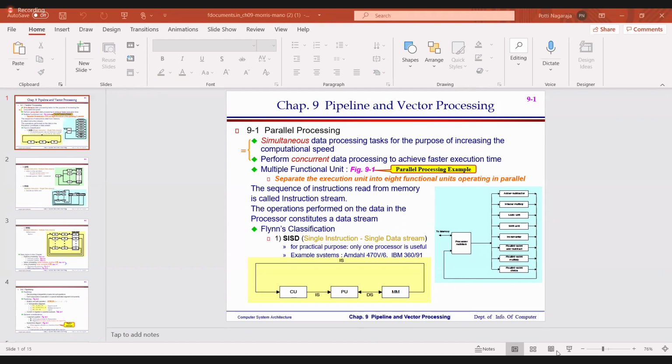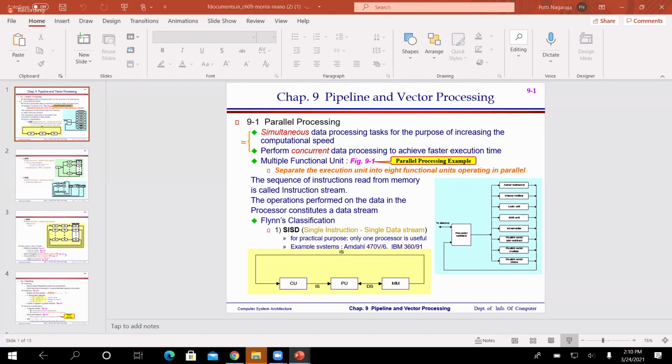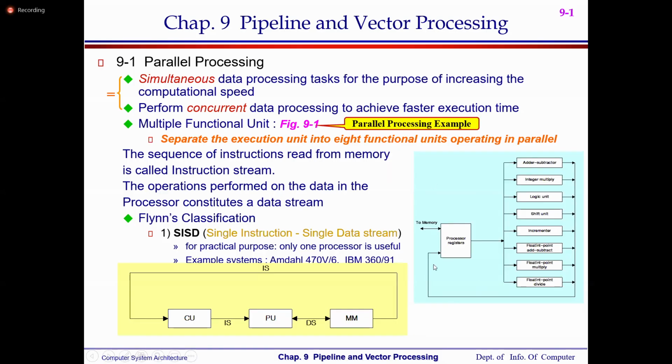In this diagram, the execution unit is divided into 8 different functional units. Can you identify the functional units? Adder, subtractor, integer multiply: these are addition, subtraction, multiplication. Then logic, meaning the logic micro operations you already know, like AND operation.